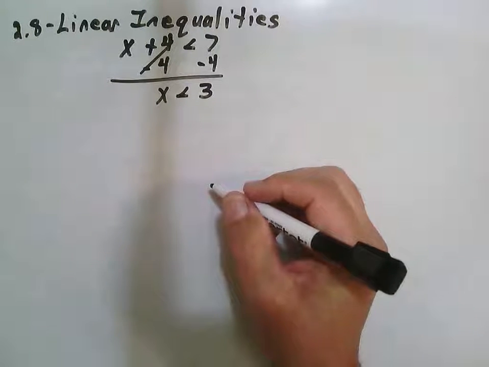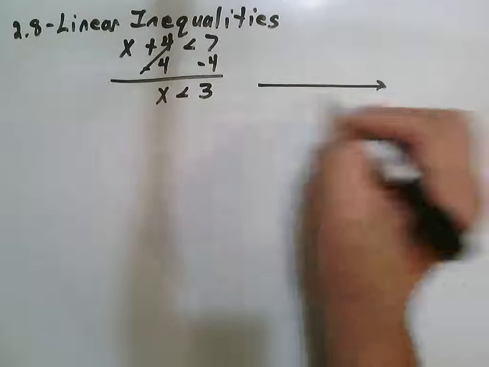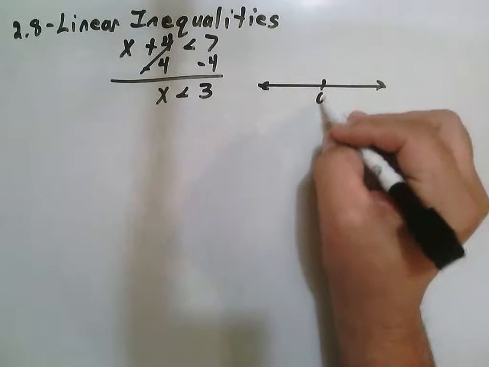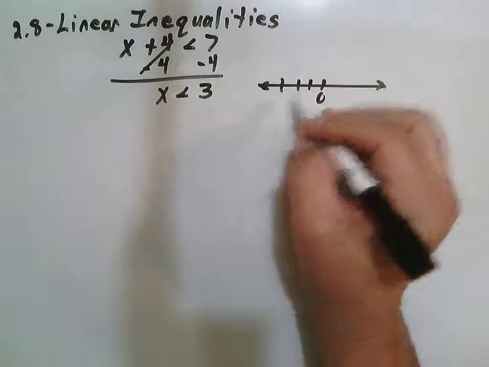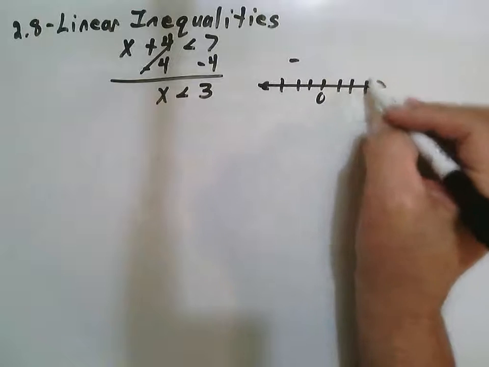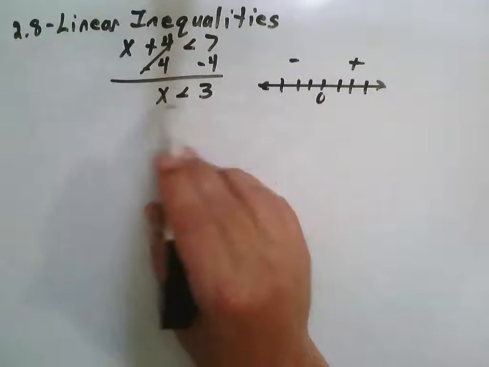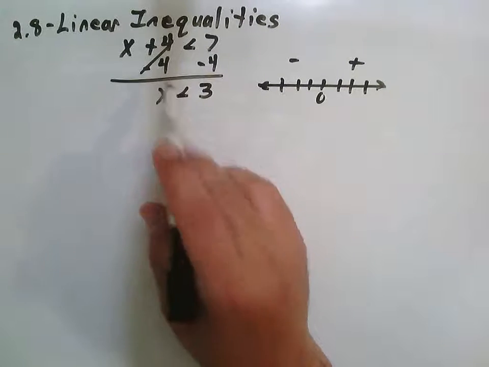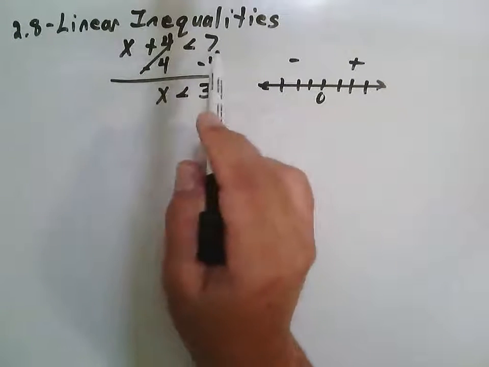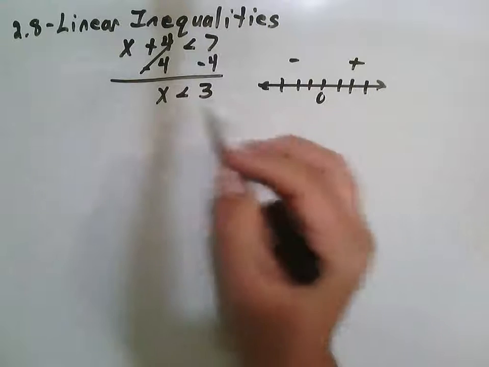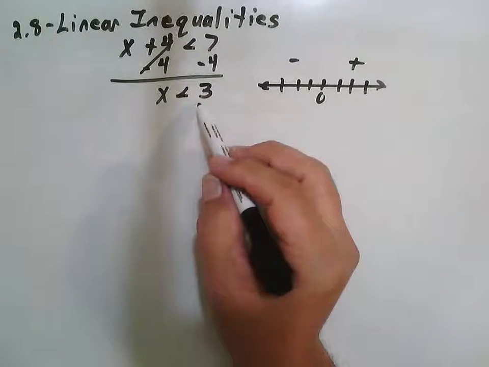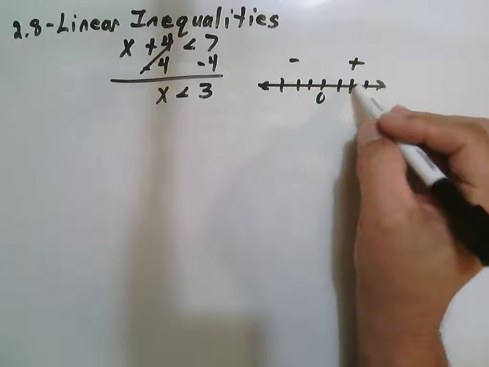And that means that when I graph this, we'll go back to our number lines. Remember, everything on this side is negative, and everything on this side of the number line is positive. So I know that anything less than 3 will make this true. If I use 0, 0 plus 4 is less than 7, so that makes it true. So I go over 1, 2, 3.